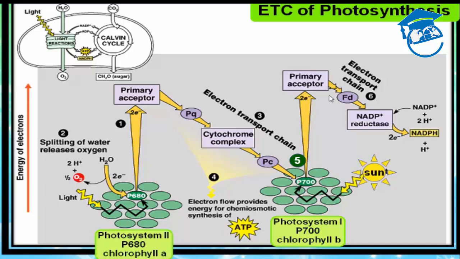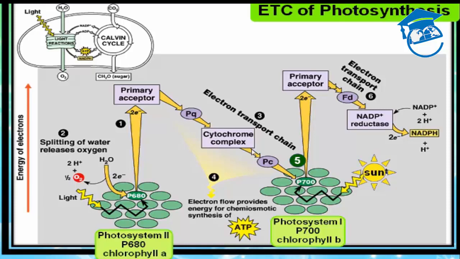This whole scheme of transfer of electrons right from PS2, that is P680, uphill to the acceptor, down the electron transport chain to P700, that is PS1, excitation of electron, transfer to another acceptor, and finally downhill to NADP plus, causing it to be reduced to NADPH plus H plus, is called the Z scheme due to its characteristic shape.